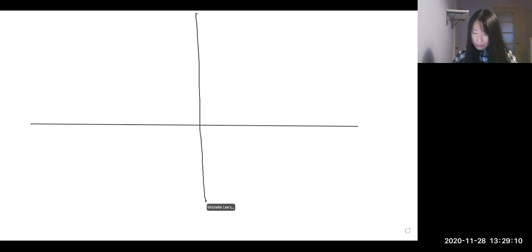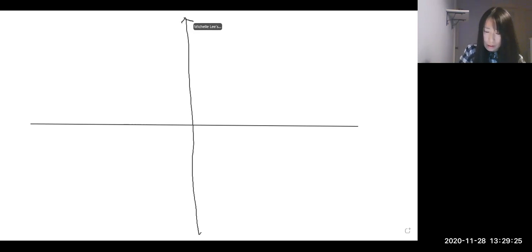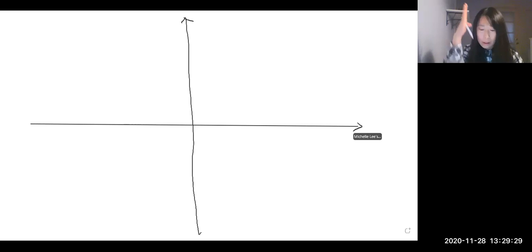I was using the line, but it's not a line. I cannot use the line. Interesting. I can use the horizontal line, but I cannot use the feature for the vertical one.